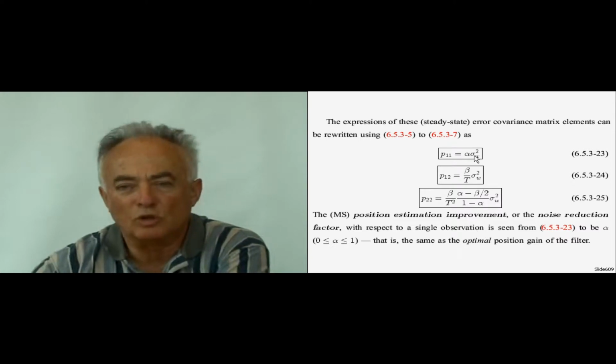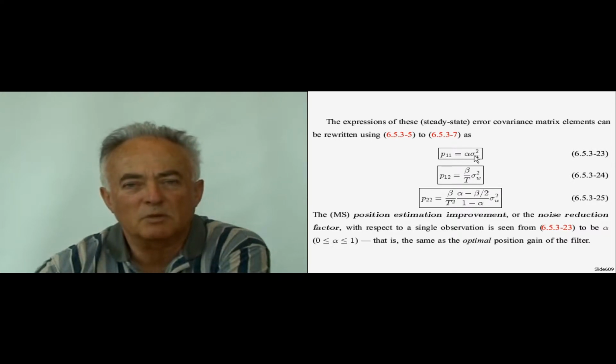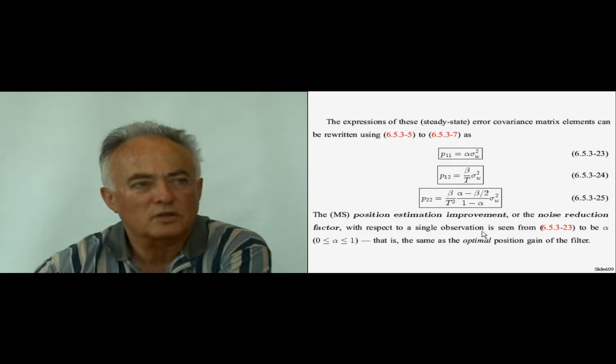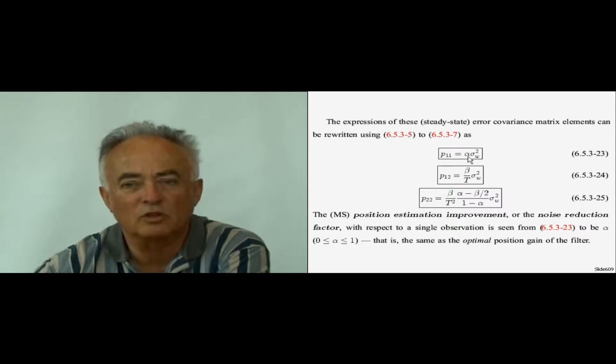If you would not use a filter but would use observations as they are, what you have is variance sigma W square. If you do optimal filtering in steady state, you will get alpha times sigma W square as your position estimation variance. That's very interesting. So this same term as the gain also gives you the optimal reduction in the uncertainty for position.